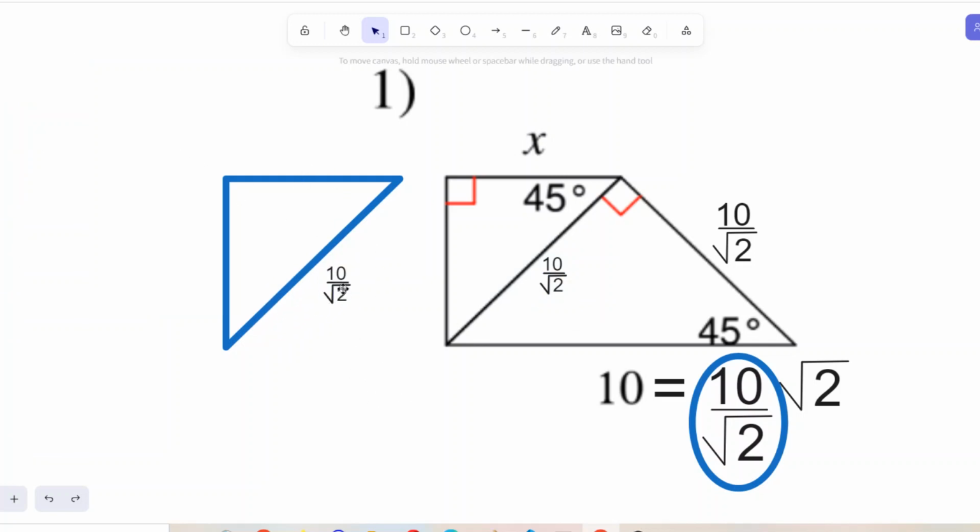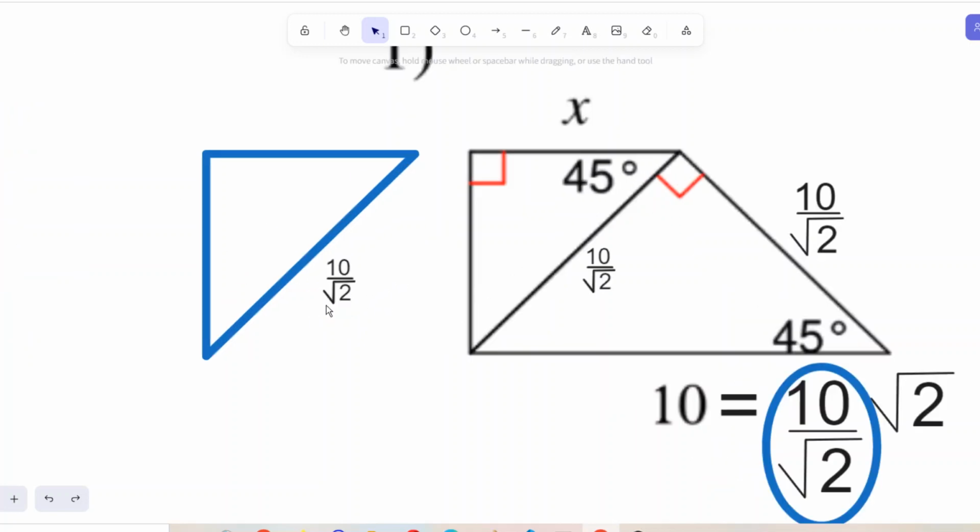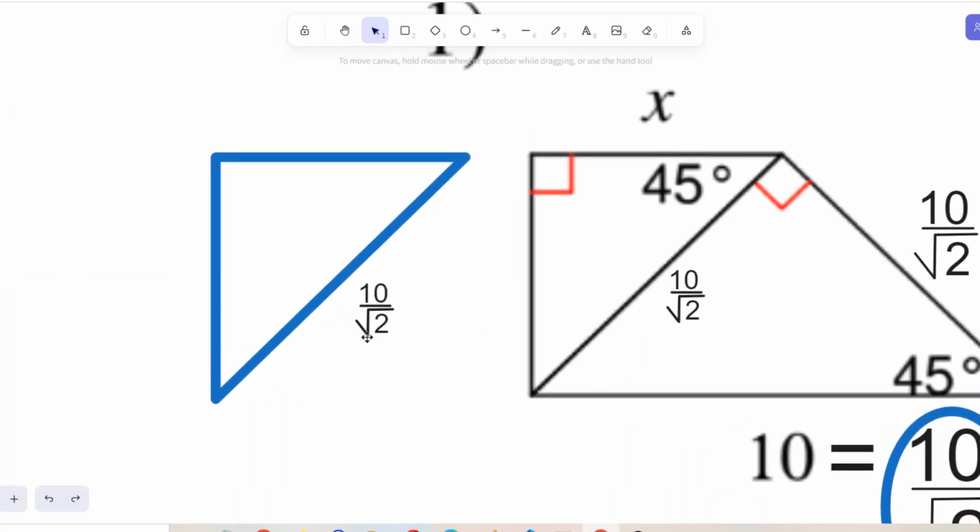And we want to find the legs. To do that, we should first simplify this. So simplify, get the radical out of the denominator. To do that, we multiply the fraction by 1 in the form of root 2 over root 2.